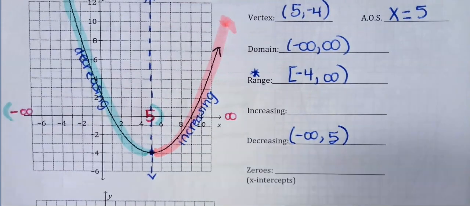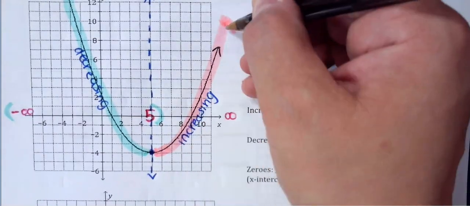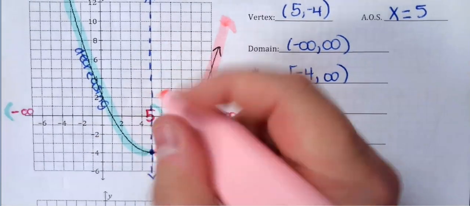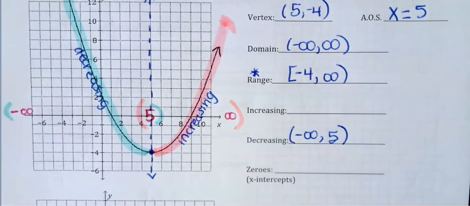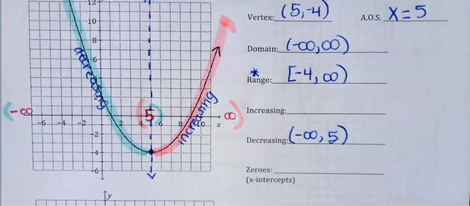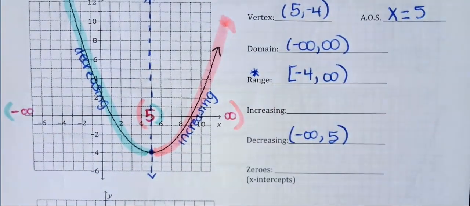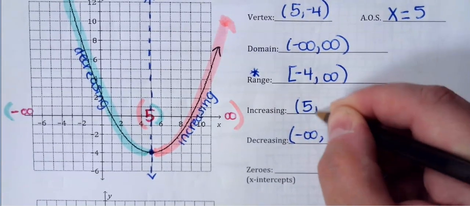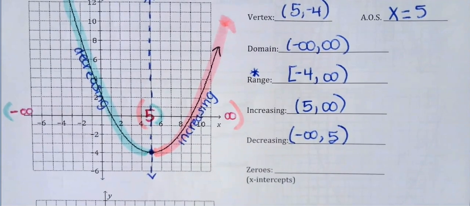Because then at that same number, when I turn to go this direction, then I'm going up, so that's positive. So it's a bracket on this one too. So the increasing interval starts at 5 and it stops, well, it doesn't stop, it goes on forever to infinity. So from 5, for the rest of the graph, we would be tracing up forever. So the increasing interval is from 5 to infinity. Parentheses on all of the increasing, decreasing intervals.